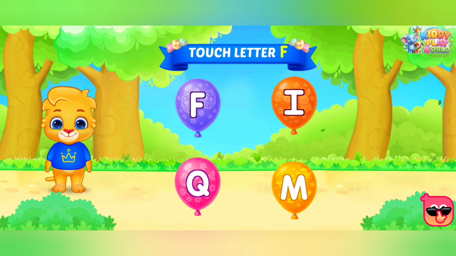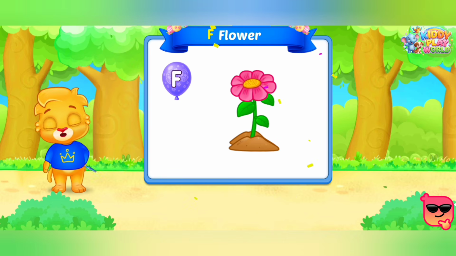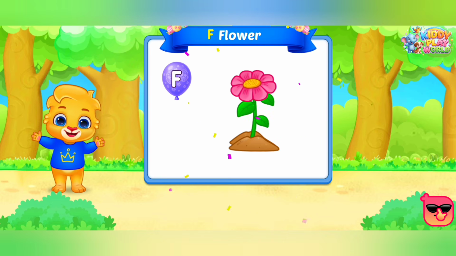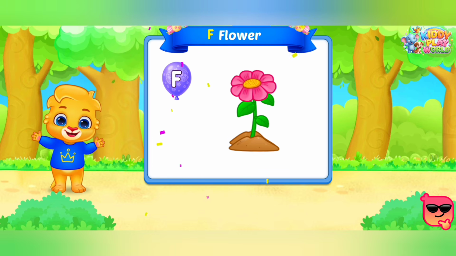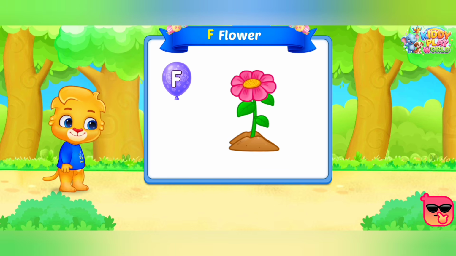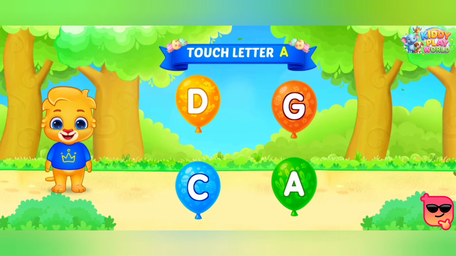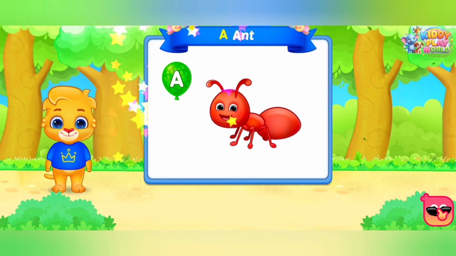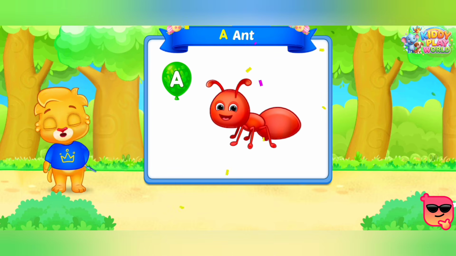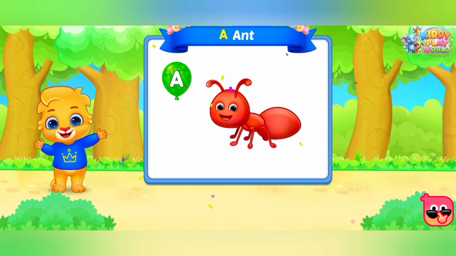F. F is for flower. Touch letter. A. A is for ant.